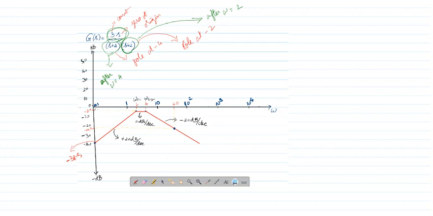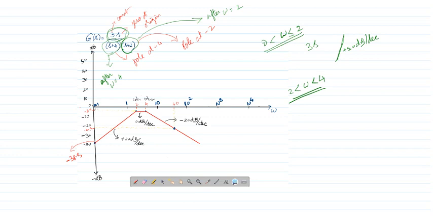So when omega is between 0 and 2, only 3s is going to function. The slope is plus 20 dB per decade. Right? Next, I am exceeding 2. Omega is greater than 2 but less than 4. What happens?